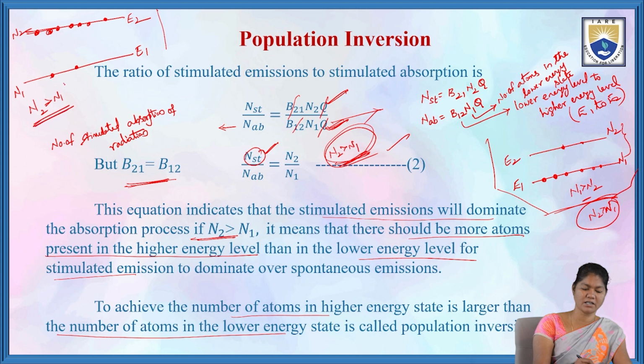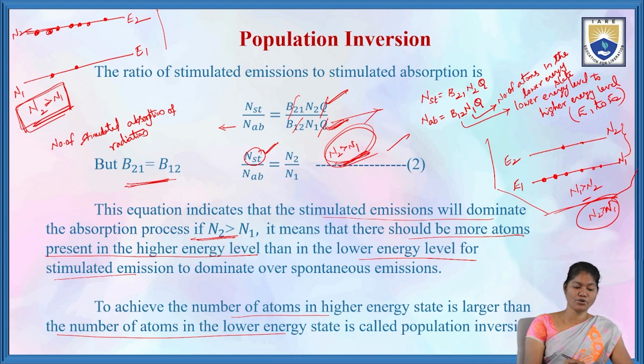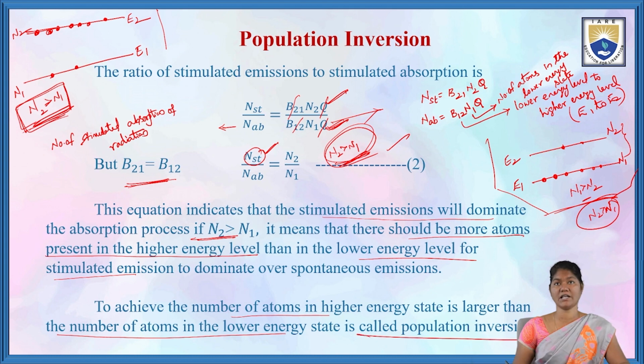We have to bring it to this condition, and then only we'll get more stimulated emission of radiation. Achieving more atoms in the higher energy state than in the lower energy state is called the population inversion.